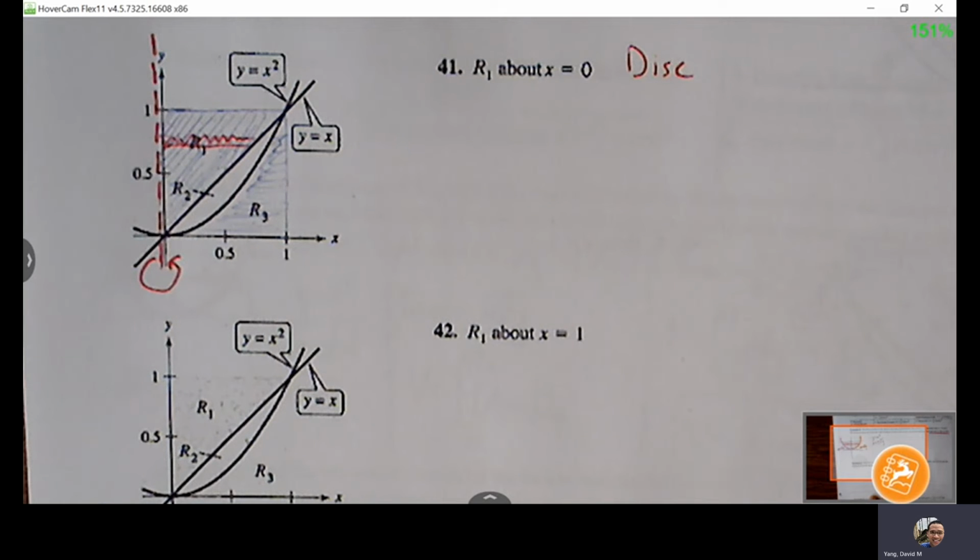So you know you have to get it in terms of x equals. So we get x equals the square root of x, which is fine. Okay, this is not touching the curve, this is touching the line.